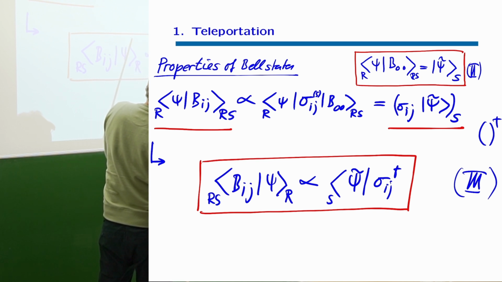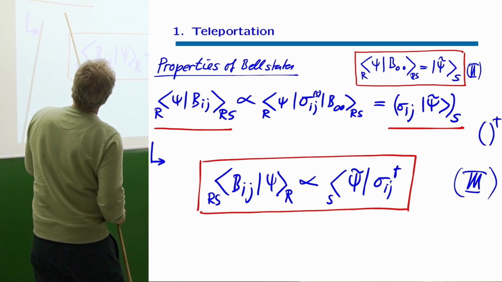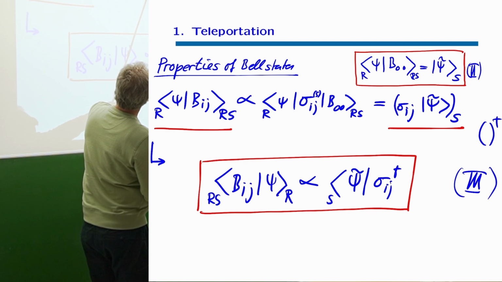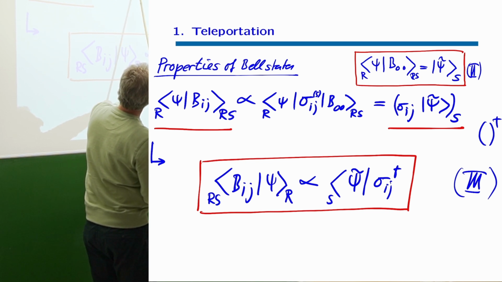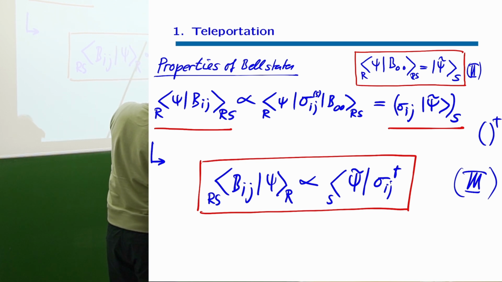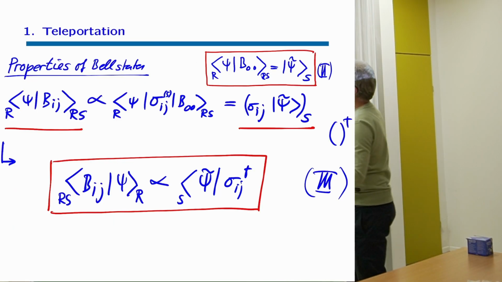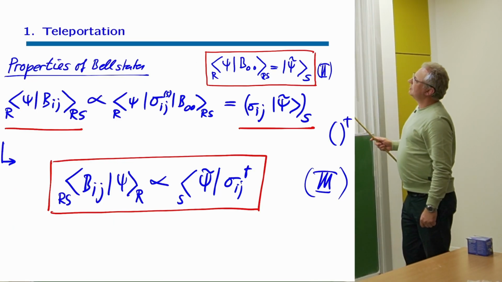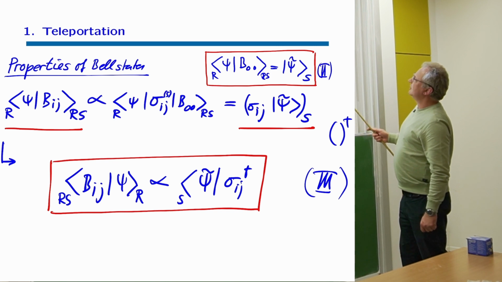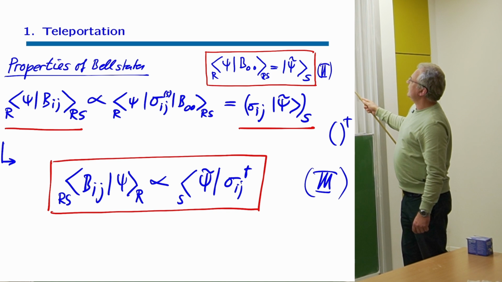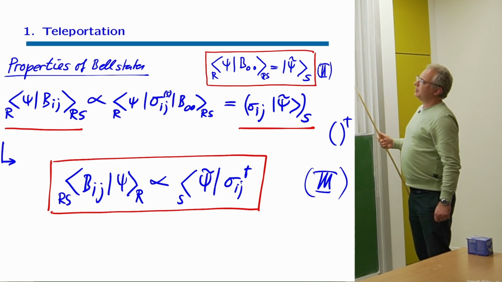And so now we can have this Pauli operator act on our state psi on the left. So we can use this relation with that state, and this gives us sigma ij applied to psi tilde on particle S.